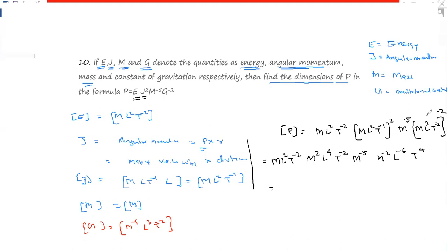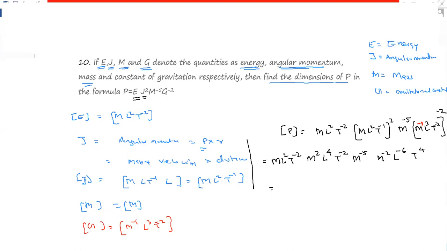What is the formula? G raised to minus 2, right? What is G? M raised to minus 1, right? Here it is M raised to minus 1 L cube T raised to minus 2.